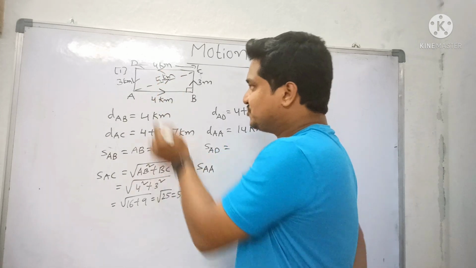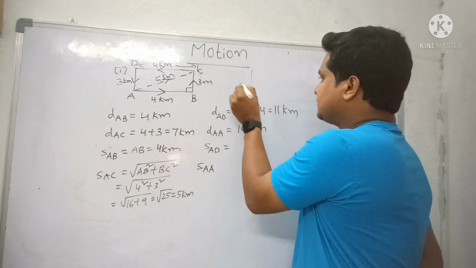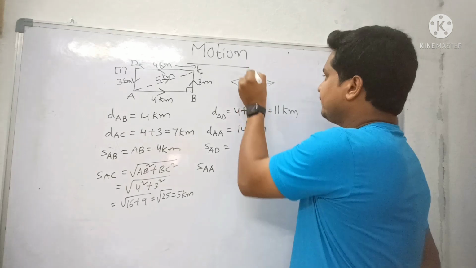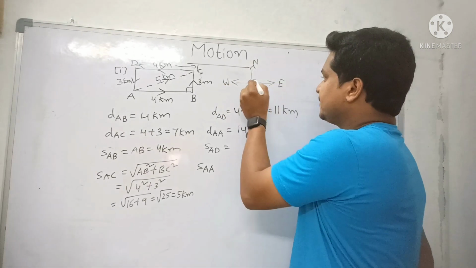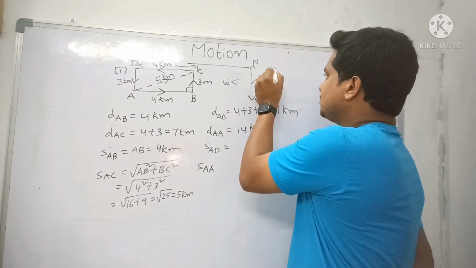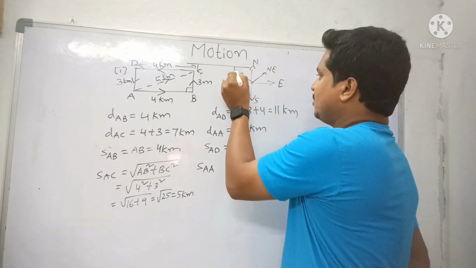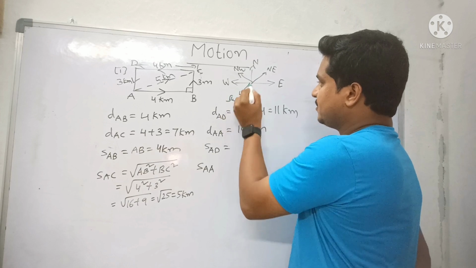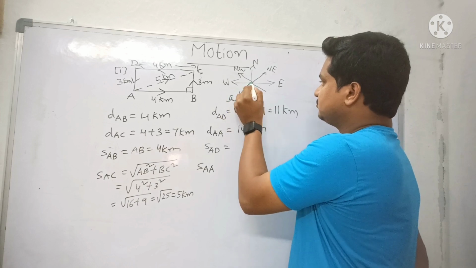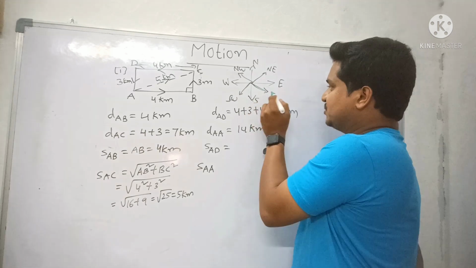And 5 kilometers in which direction? For the displacement we need to consider directions: north, south, west, east. So this will be the northeast, this will be the northwest, this will be the southwest, this will be the southeast.